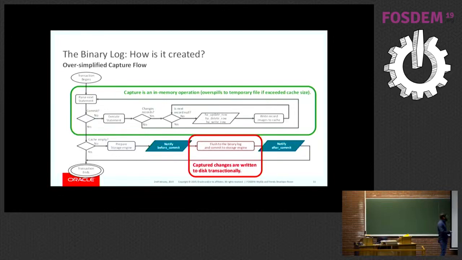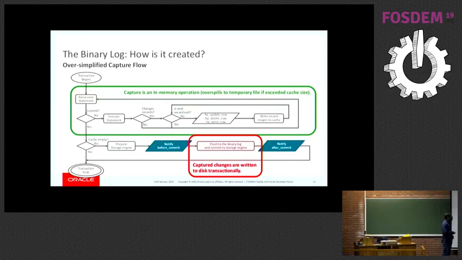But right before we flush these changes to disk, to the bin log file, before we persist this cache in the bin log file, we notify a plugin or plugins that could be listening to these changes. Think about group replication, for instance.